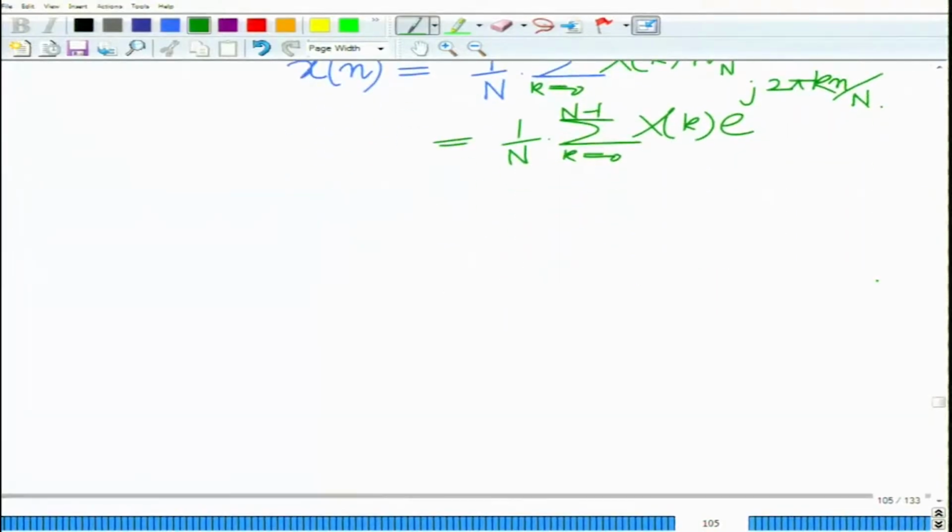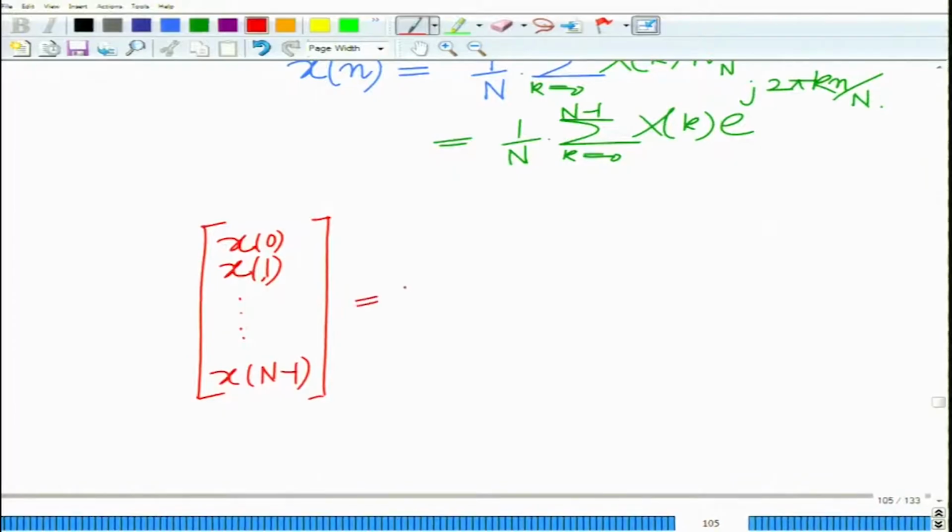And now you can again write this as the following matrix. Now the outputs will be the signal samples, the inverse DFT, and the corresponding IDFT matrix.